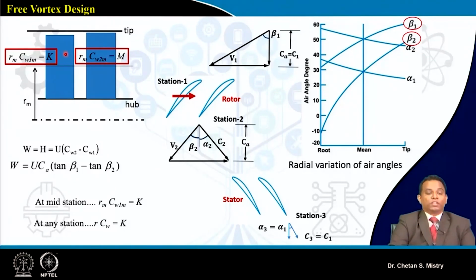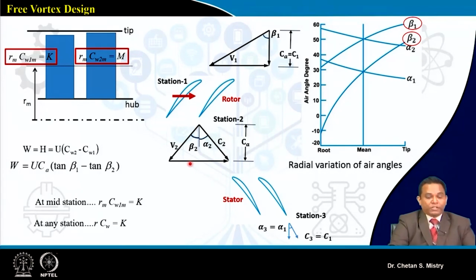If this is the configuration, then at mid station we can have our calculation. So this is my velocity triangle at the entry of my rotor, and this is my velocity triangle at the exit of my rotor.